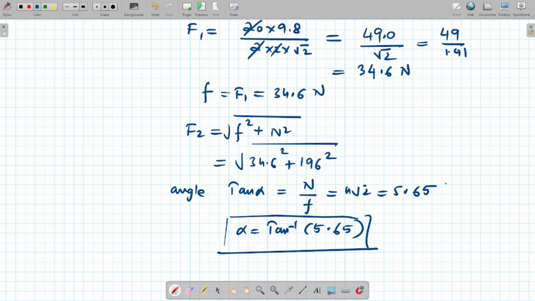So this is how we can think of solving torque related problems. Is this concept cleared or not? So we'll close this topic.